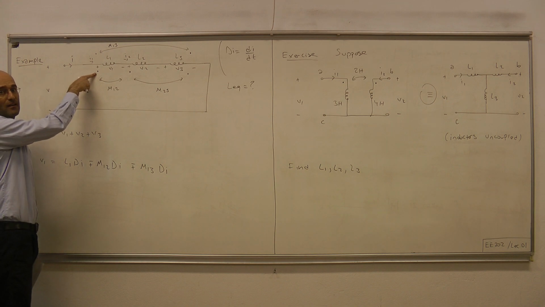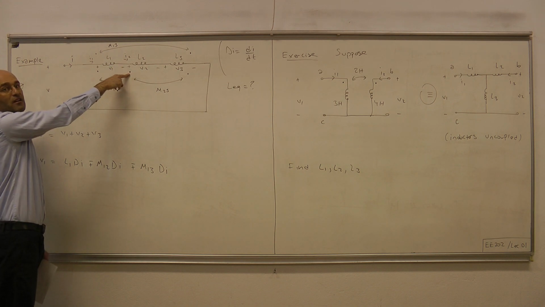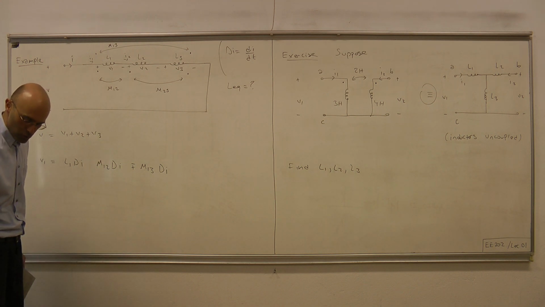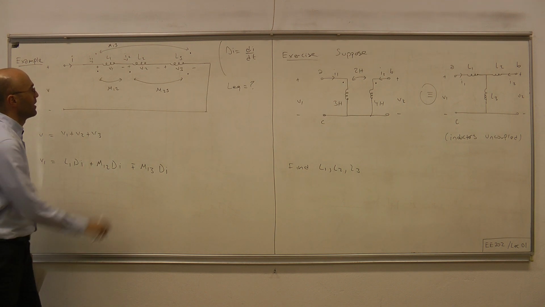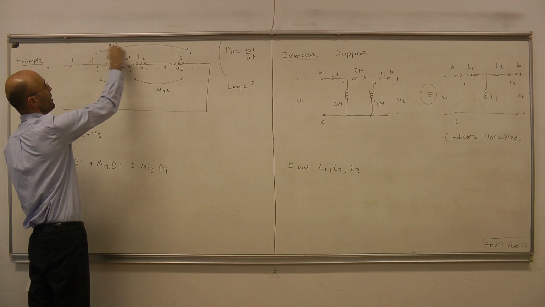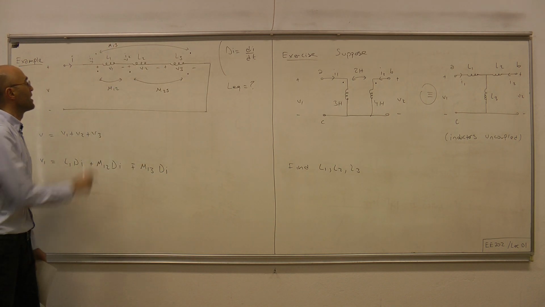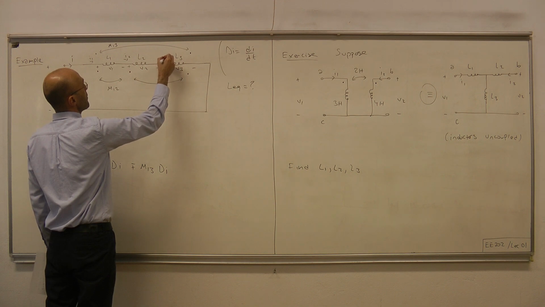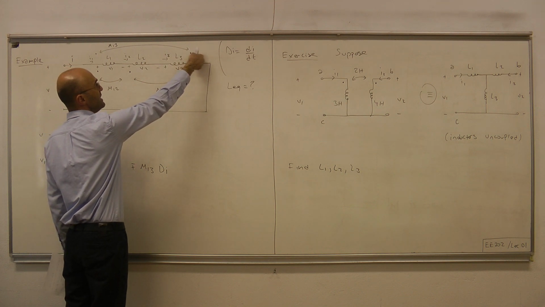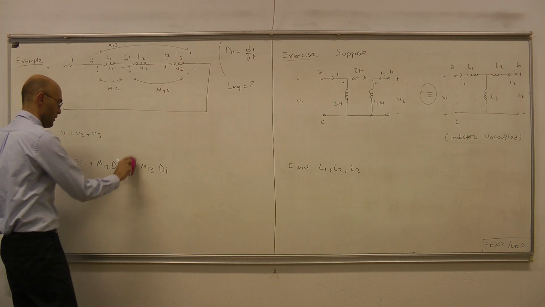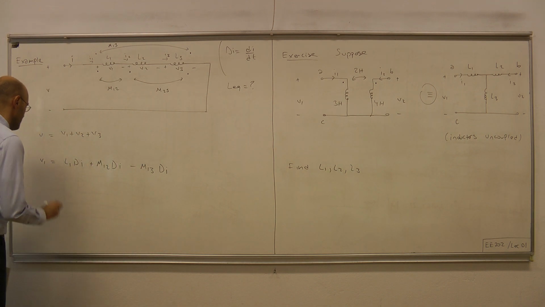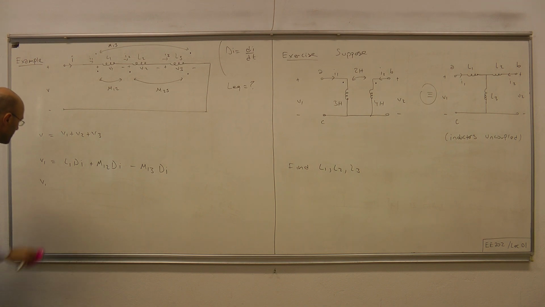I1 is entering from the dotted terminal, I2 is also entering from the dotted terminal, therefore this should be a plus. The fluxes are contributing to one another. And to determine the sign of this N13, we have to look at the dots, this and that. Here we have I1, and here we have I3. I1 is entering from the dotted terminal, I3 is leaving from the dotted terminal, therefore the sign of this must be minus.